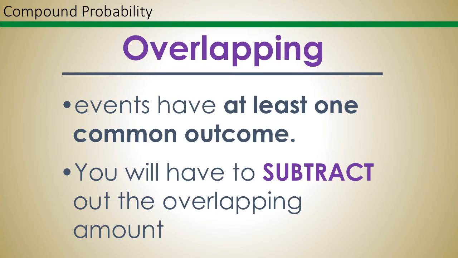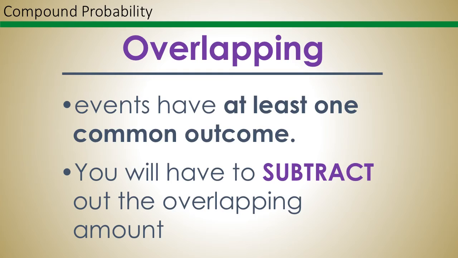The other type of events we're going to see are overlapping. Overlapping events have at least one common outcome. If there are any common outcomes, we're going to have to subtract the ones that overlap, because whatever is overlapping, we're counting twice. Since we're counting it twice, we have to pull it back out.